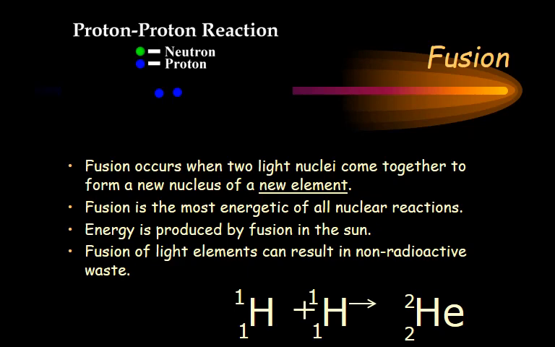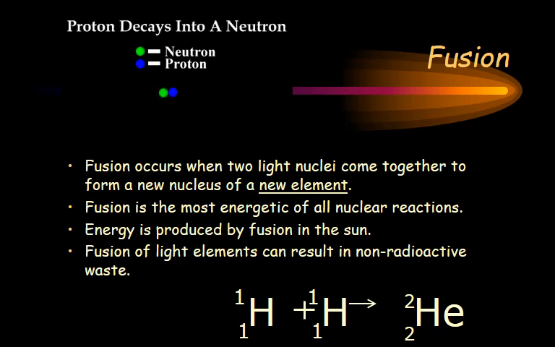Now, fusion, on the other hand, is where 2 nuclei come together to form a new element. Fusion is the most energetic of all nuclear reactions. It's the energy produced by the sun, and the fusion of light elements into heavier elements releases lots of energy.